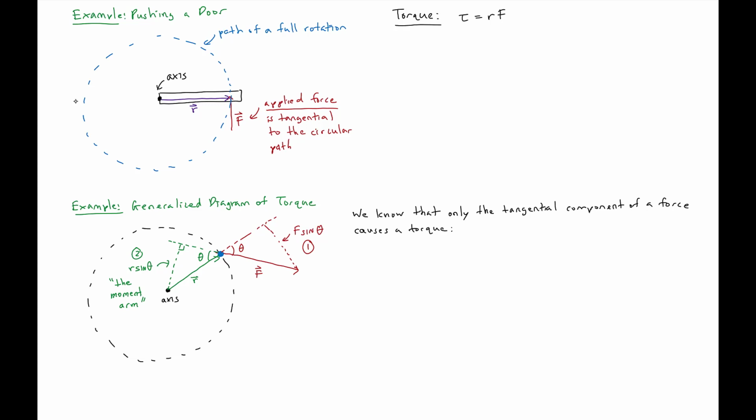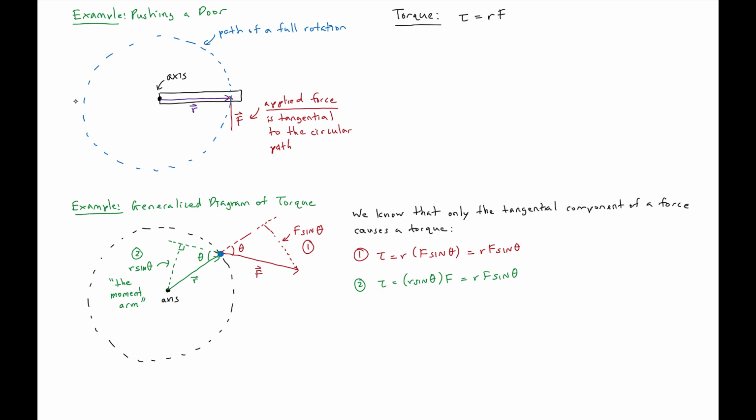So now, from our diagram, we can see that there's two generalized ways of representing torque. We can say from 1 that the torque is equal to r times F sine theta, which is simply rF sine theta. And from our second definition, we can say tau, or torque, is equal to the component of r that is perpendicular to the force times force, and that's also equal to rF sine theta.